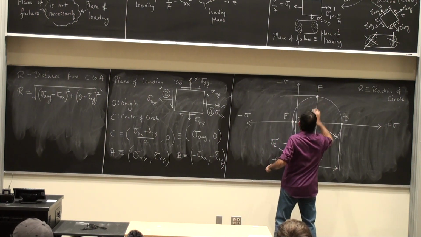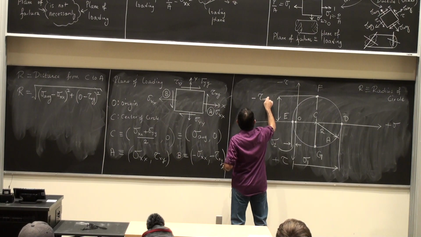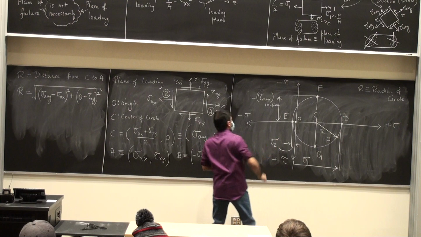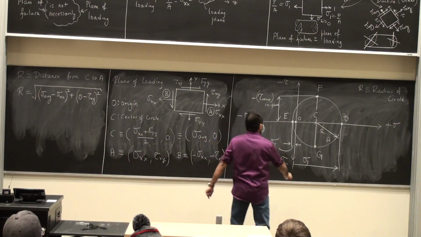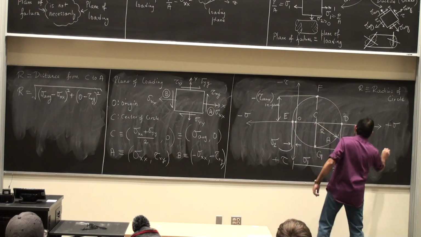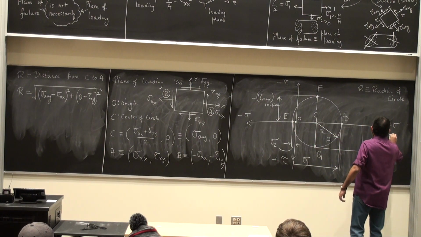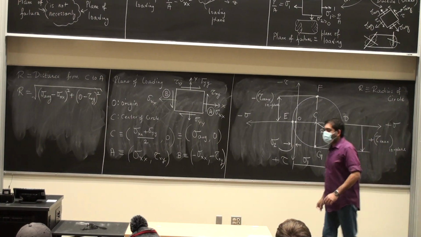So this height here is minus tau max in plane, okay, from the origin all the way to the point F, and likewise to the point G, plus tau max in plane.